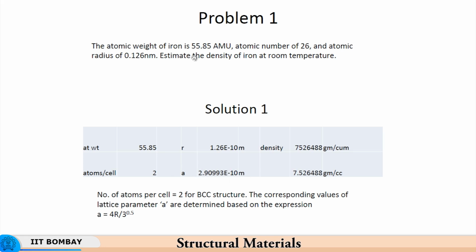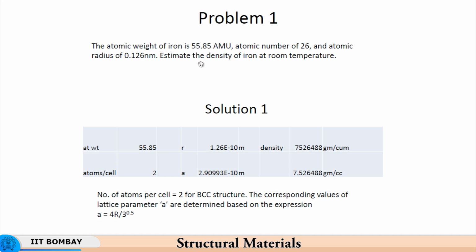Now if you take 55.85 grams of iron, it will contain Avogadro number of atoms. Now one unit cell has got 2 atoms. So the number of unit cells which are available in 55.85 grams of iron is the Avogadro number of atoms divided by 2.